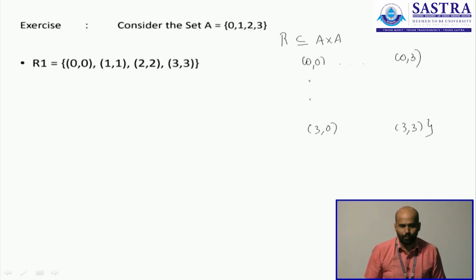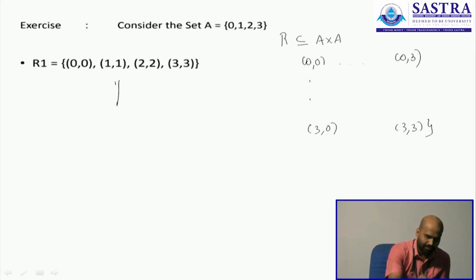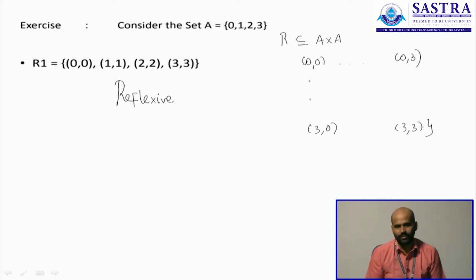We have 4 ordered pairs which are 0, 0, 1, 1, 2, 2 and 3, 3. Yes, this is of course a relation because it is part of a larger set called the Cartesian product. But can you call it something else also? It is a relation, but you will do well to observe that this is also reflexive.